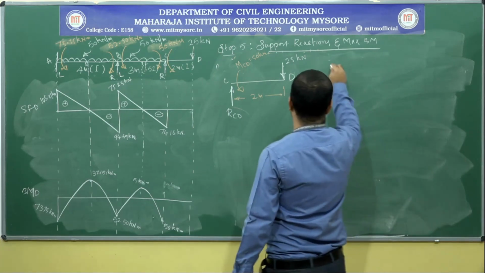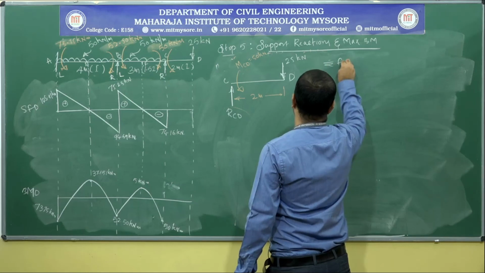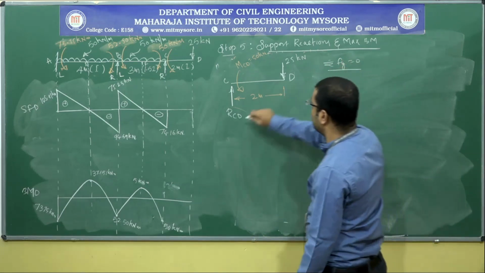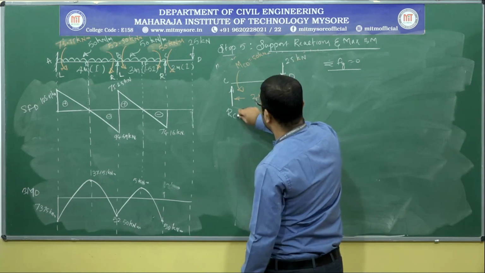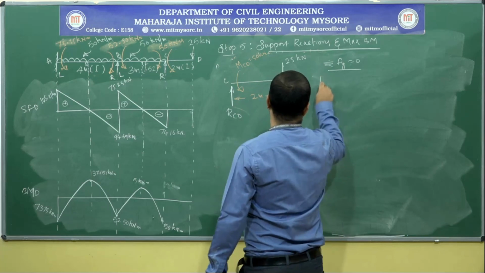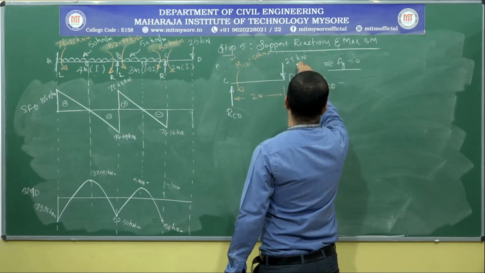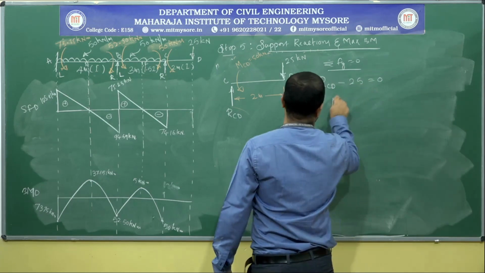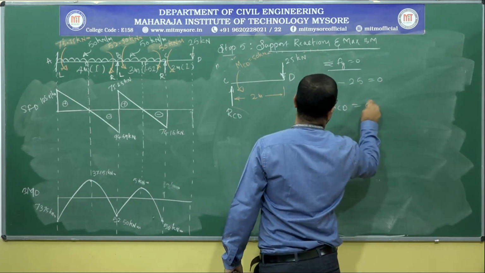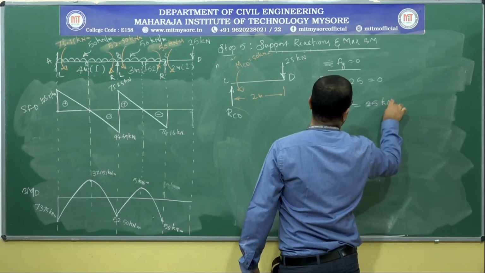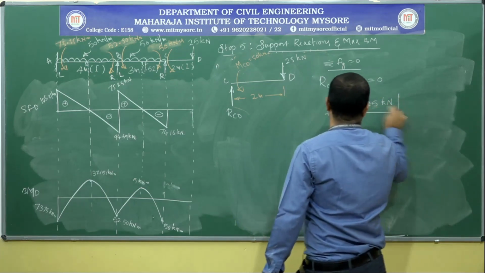To determine the RCD, I can impose the vertical condition directly. There are two forces acting vertically, one vertically upward and another vertically downward. So RCD acting upwards minus this acting downwards equals 0. So the RCD value is 25 kilonewton.